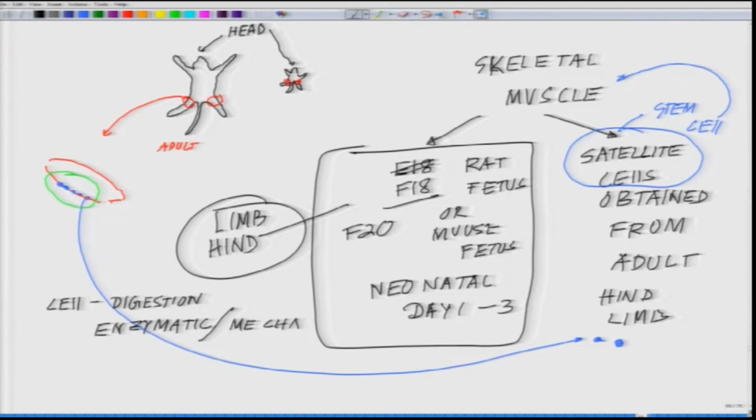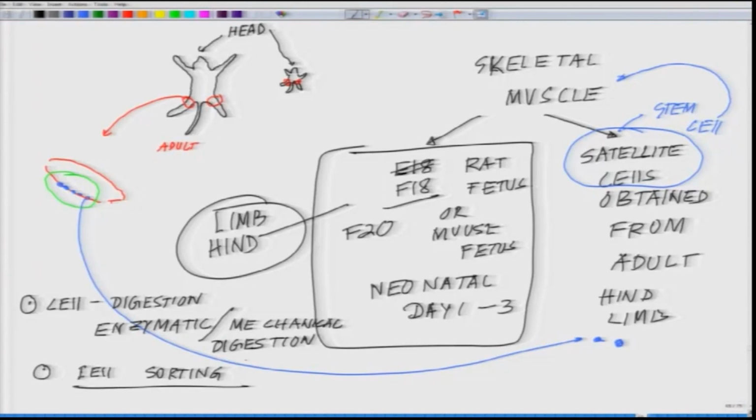Enzymatic or mechanical digestion is the first step. Second, after this mechanical and enzymatic digestion, the next step will be cell sorting.